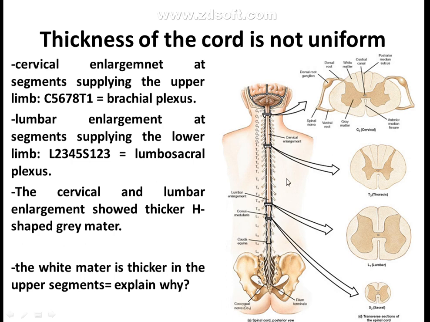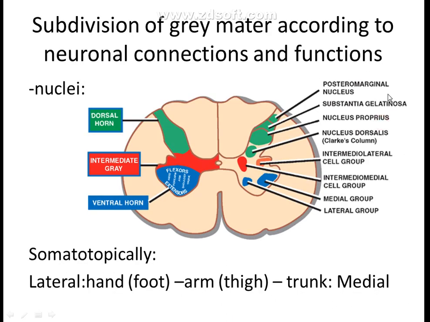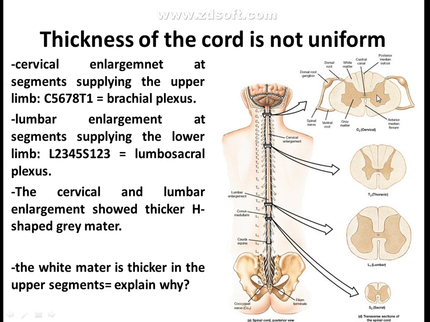Actually, let's start with the cervical region that shows a thicker cord, which is called the cervical enlargement. Here, in the cervical segment of the spinal cord, we have the roots that form the brachial plexus, which are C5, 6, 7, 8, and T1.